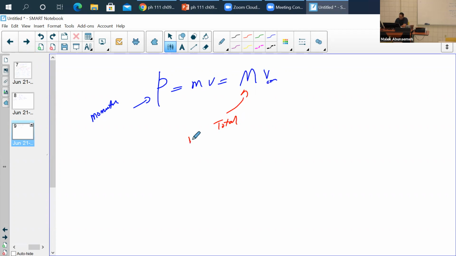So mass total, and that's your center of mass velocity. So if you have, let's say, a particle with mass m that's going with a velocity v, the momentum for it is going to equal mv.